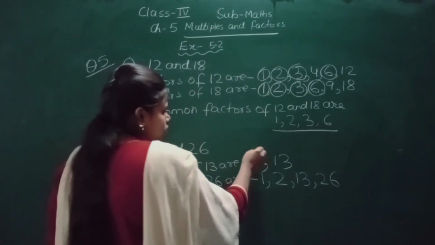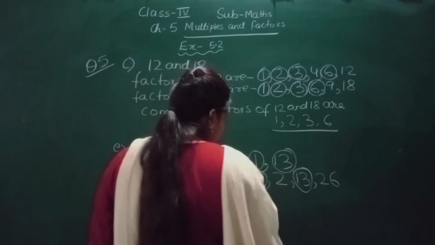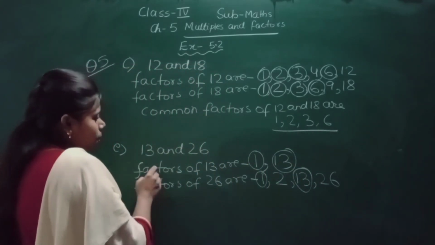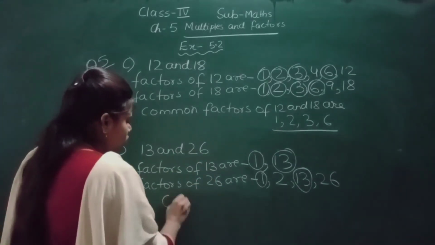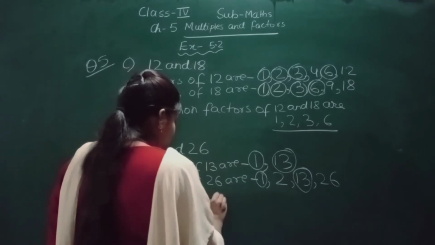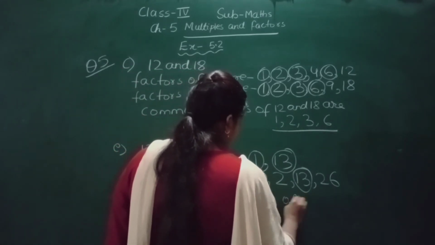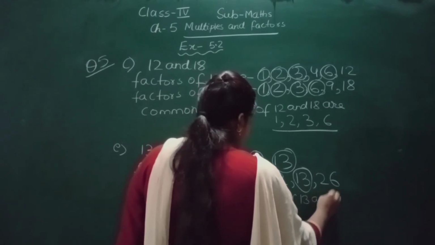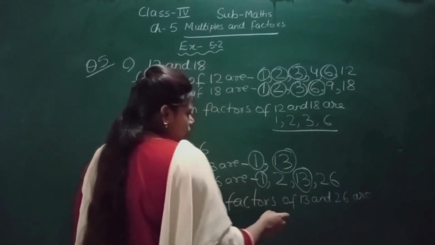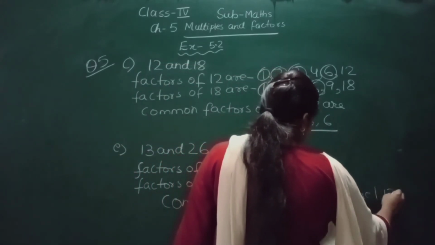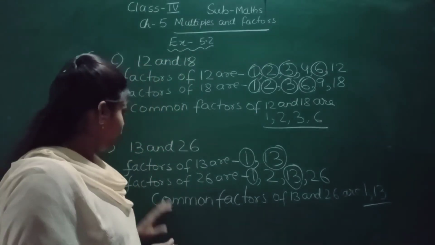Now you can see that we got 1 and 13 as common factors. In the table of 1 both will come and in the 13 table both will come. So common factors of 13 and 26 are 1 and 13.